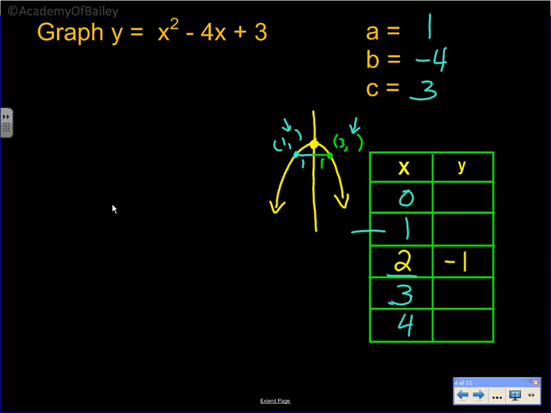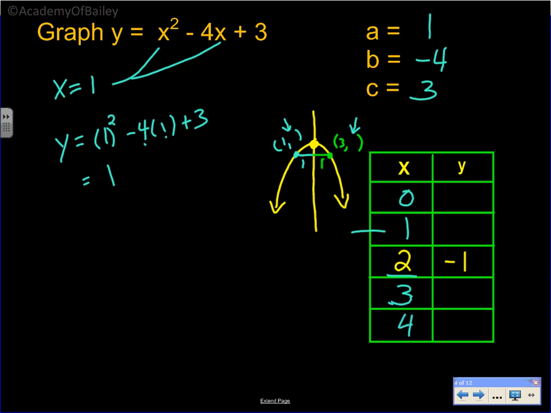Okay, let's go ahead and say x is equal to 1. That's the first point we're doing. We plug it in there for x. So y is equal to 1 squared minus 4 times 1 plus 3. We substituted 1 in for x. 1 squared is 1.